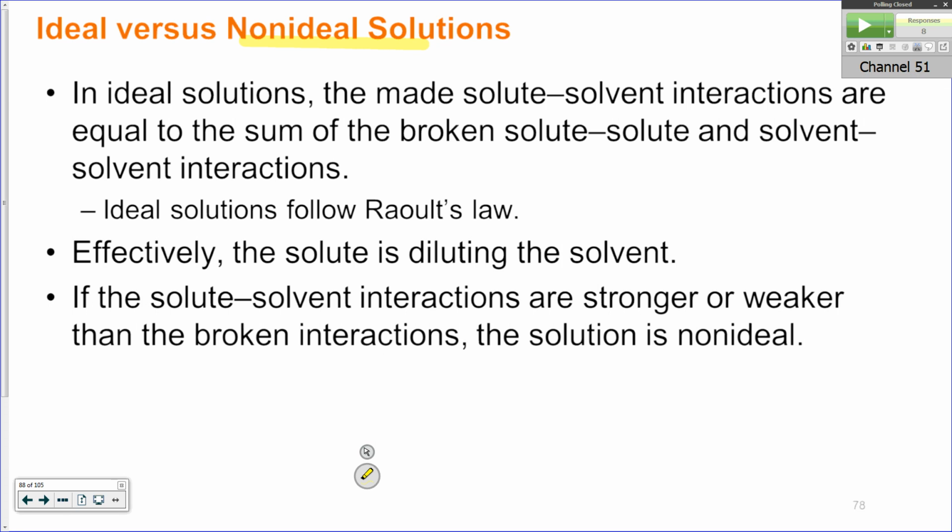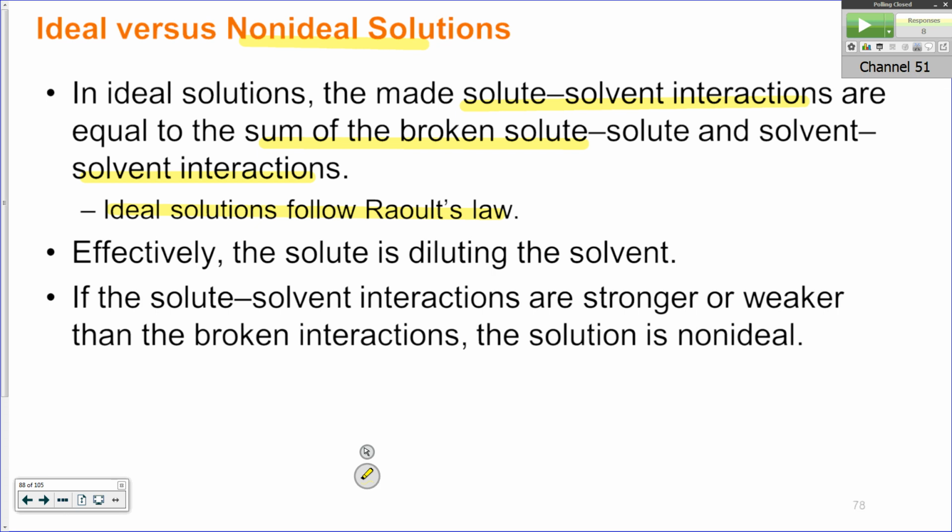When you make solutions, we have these solute-solvent interactions that we've talked about in the previous chapter, as well as some in this chapter, and we have to break those bonds to make this new solution. We have to break the solute-solute interactions and the solvent-solvent interactions. We got to make a hole to put these new compounds in. If the sum of the bonds broken versus the bonds formed was the same to what the original solvent was, it would follow an ideal, and those things would be completely additive.